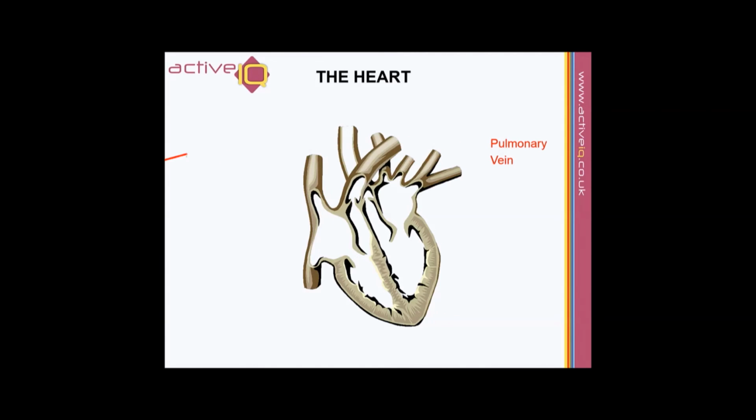Here's a more complicated version of the heart, but it works exactly the same. Pulmonary vein, bringing blood into the left atrium, which is oxygenated. It then passes into the left ventricle and is pumped from the big left ventricle out to the arterial field via the aorta.